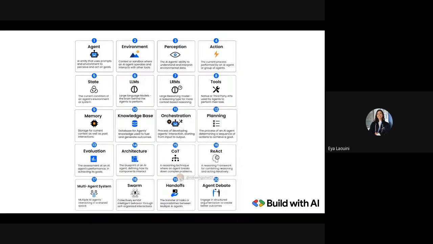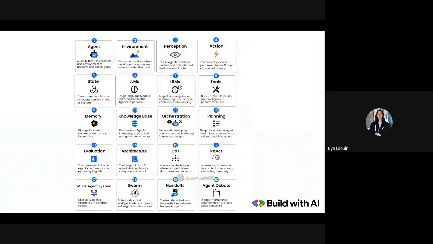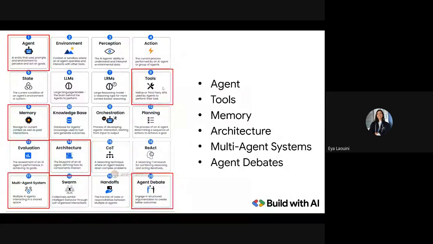So let's see some agent terminologies. As you see, we have lots of terminologies, but I chose to talk about some main components, which are, as a start, the most important components to understand an agentic system.